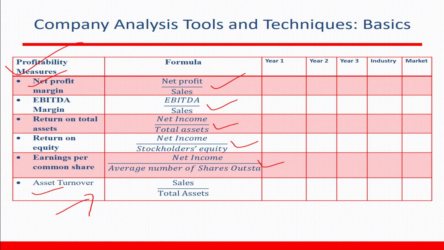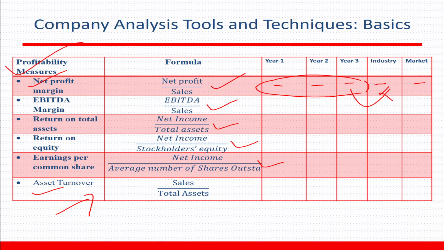One, you calculate the same ratio for 3 to 5 years in the past, and then you also compute this for the industry and the market, and then you see how this ratio is changing over time, and also how it compares with the industry. That's the general framework of ratio analysis.